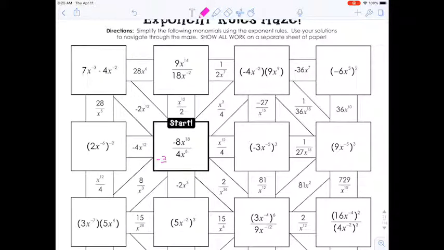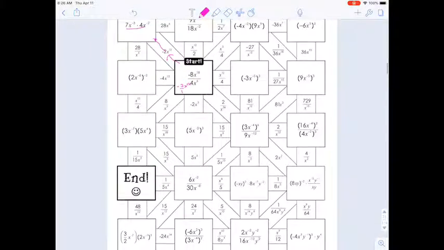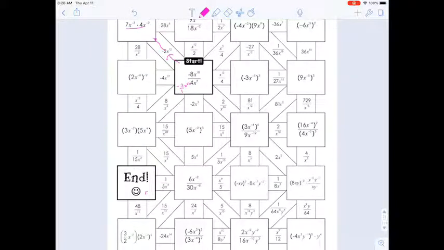Nah, you can make it work. So negative 2, and then this would be x to the 12th. So that would take me in this direction. So solve this problem and go in the direction it takes you. And then show your work in the little boxes, and then finally you'll get over here to the end, okay?